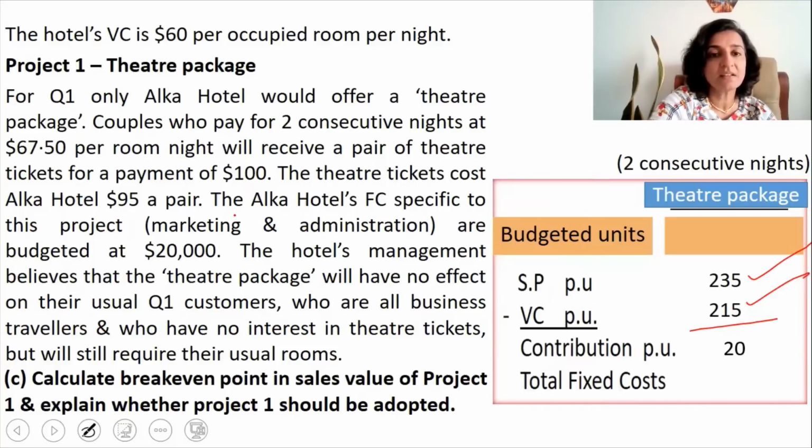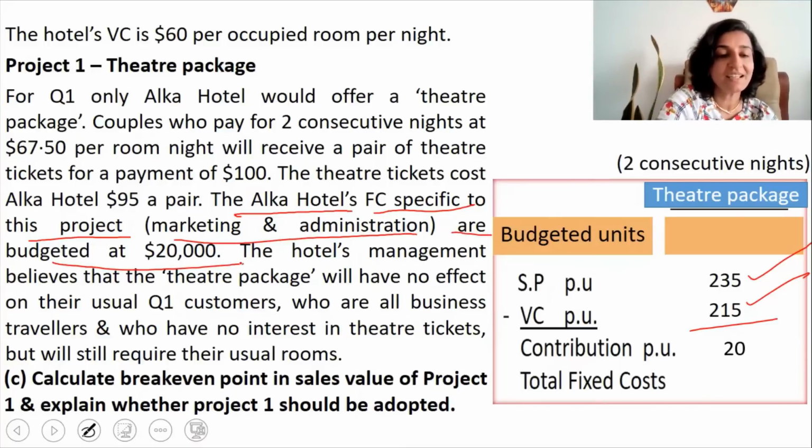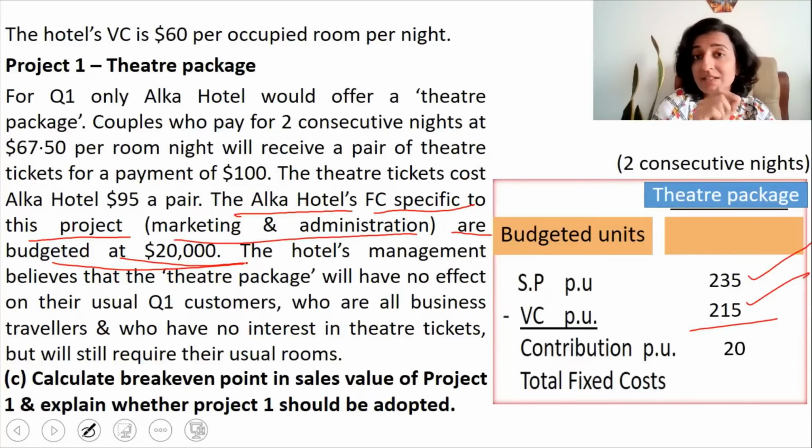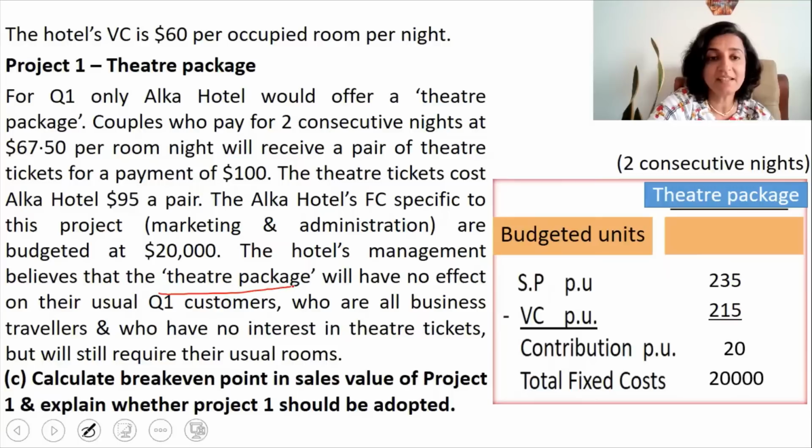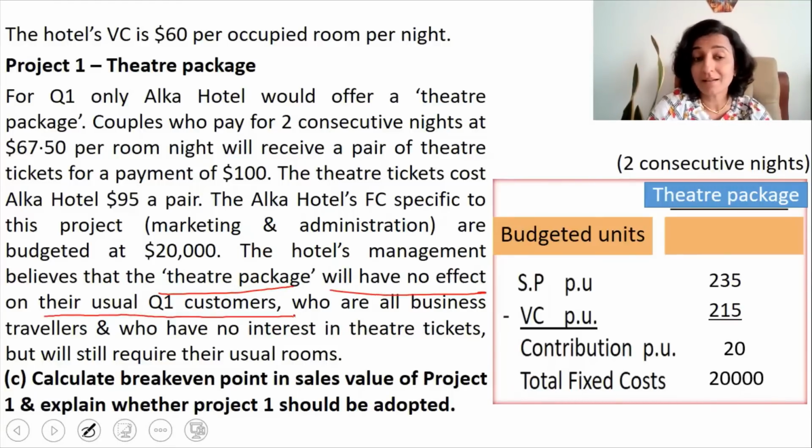Now coming back to the question, Alka Hotel's fixed cost specific to this project, marketing and administration, are budgeted at $20,000. So $20,000 is the fixed cost relating to the theater package. So we make note of the total fixed cost as $20,000. Hotel's management believes that the theater package will have no effect on their usual Q1 customers, who are all business travelers and who have no interest in theater tickets, but will still require the usual rooms.